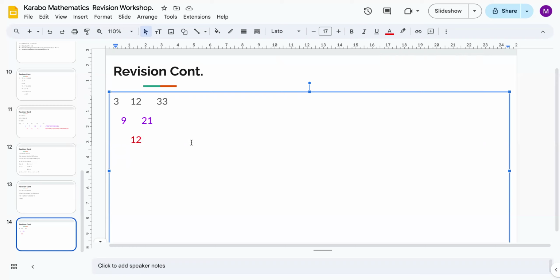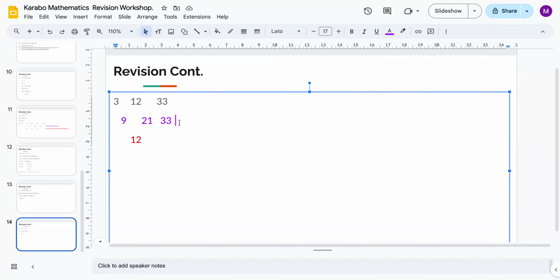So now I'm going to focus on my first differences here, the ones in purple. I have 9, I have 21. I know that the difference between 9 and 21 is 12, and that 12 is a constant difference amongst these first differences. So to get the third term of my first differences, I'm simply going to add 12 to 21, and that will give me 33. But I know that the constant differences are constant.